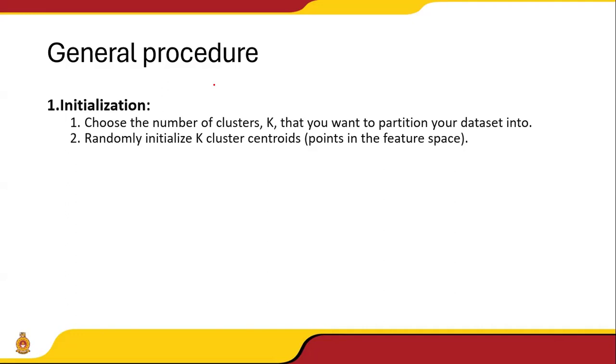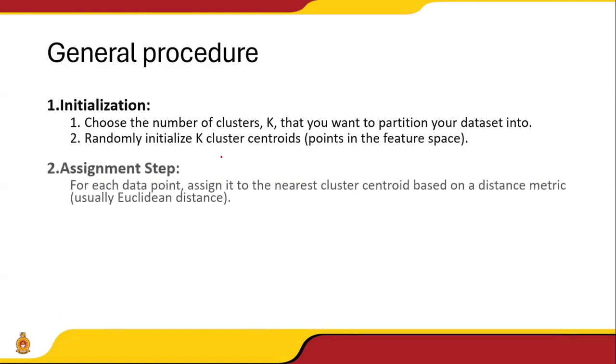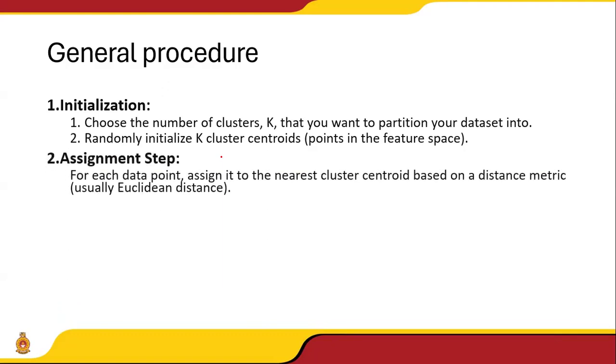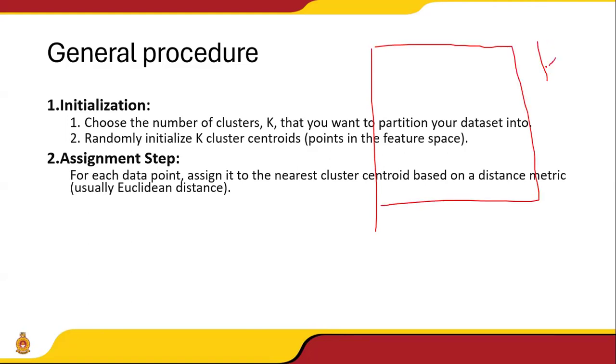Right. Initially, what we have to do is initialize the k value, randomly initialize the k clusters with the centroids. Initially, we don't know. So we have k equals 3. So we define 3 centroids in that data set. We have this data set. I'll visualize it. We have a big data set, and I have defined k equals 3. Then initially the data set is here.